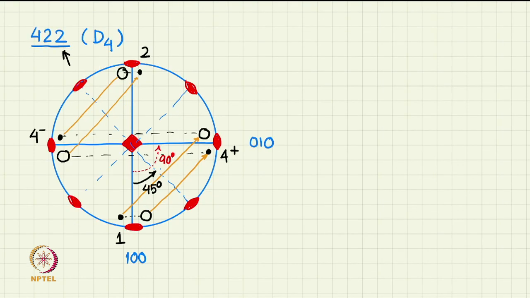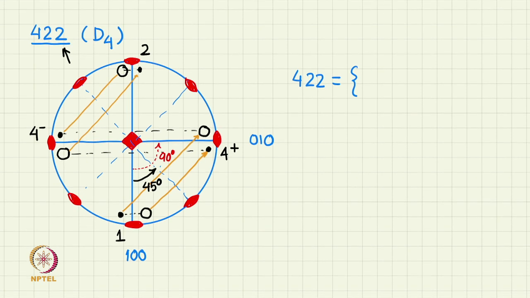So, you can write now the symmetry operations easily. If I write 4 2 2, you can see there are 8 equivalent positions. So, there should be 8 operations, 4 operations are with respect to the fourfold.